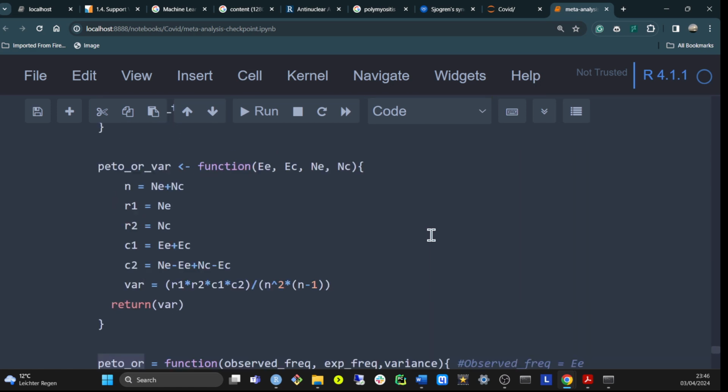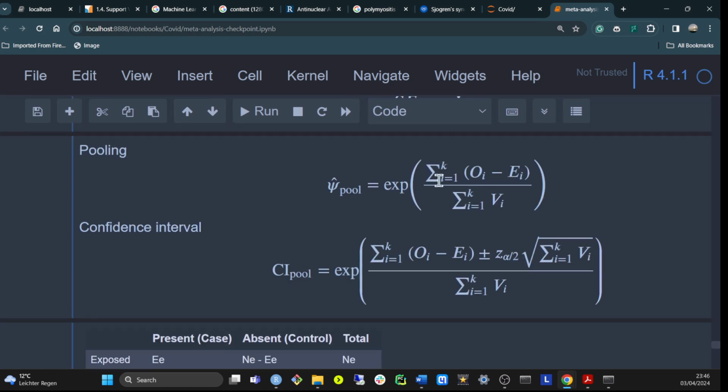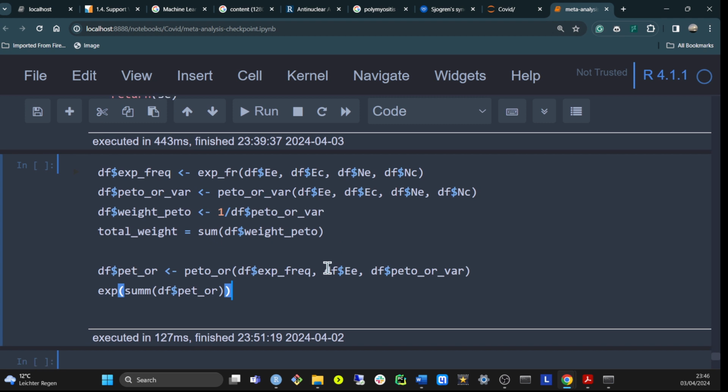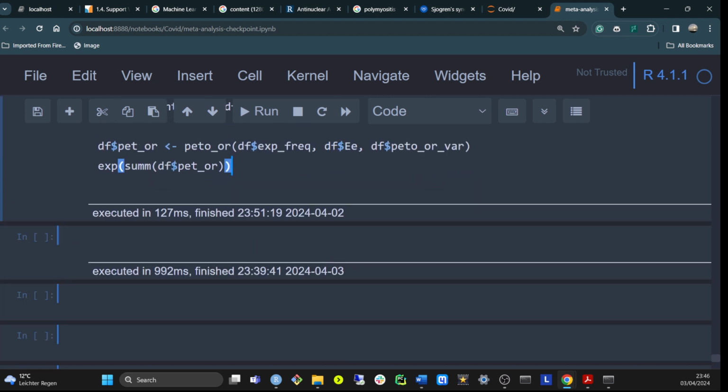So maybe when I am assigning it, it's getting confused. Anyway, here we have the pooled log odds ratio, and here I have the pooled log odds ratio. Then the confidence interval is plus or minus 1.96 times the standard error. As I said, the standard error is calculated by the square root of 1 over the total weight. So let me run and let's see.